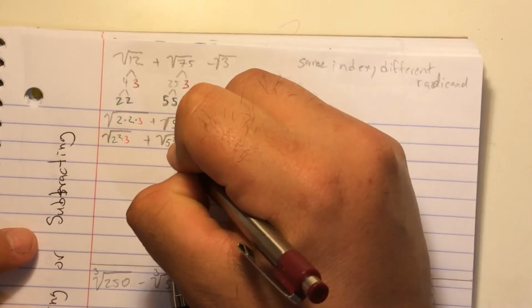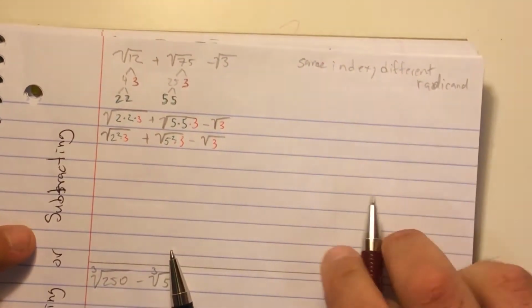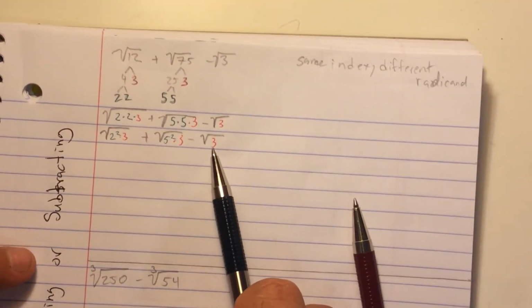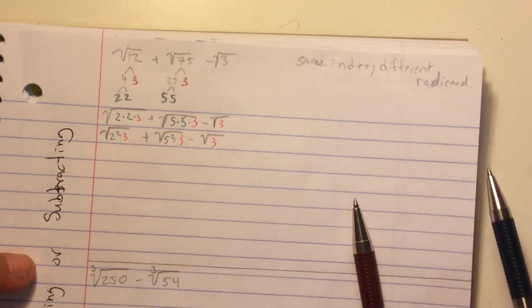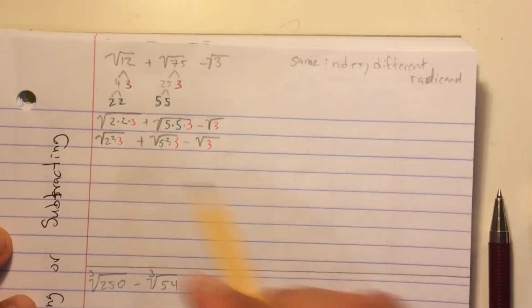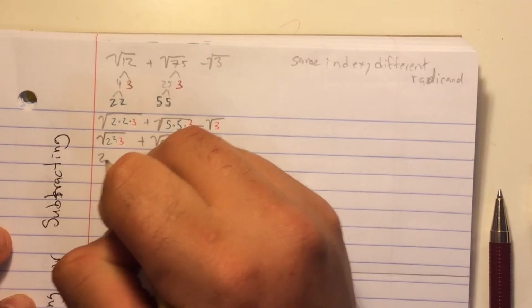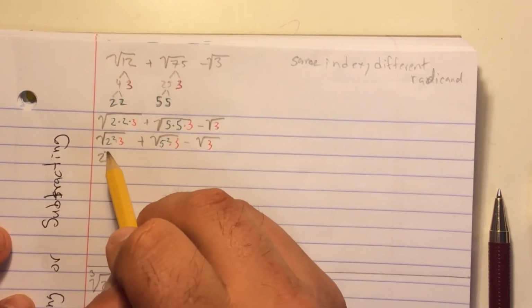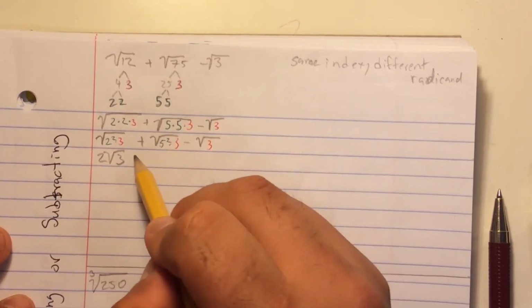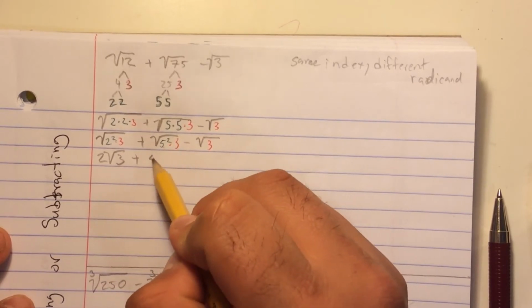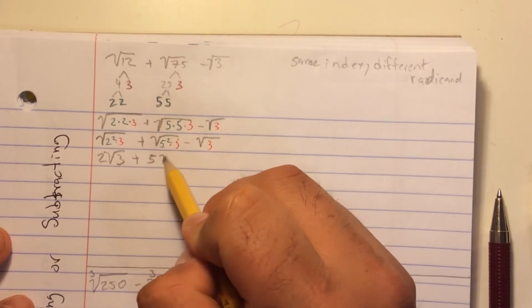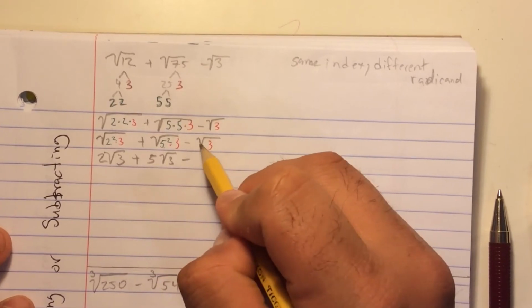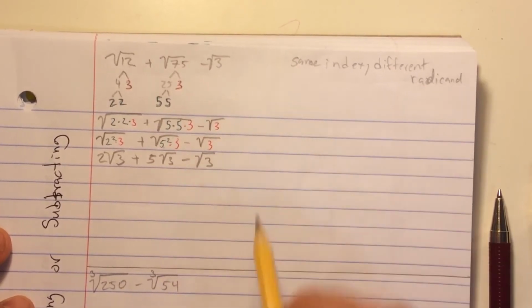So we have our 3s that are going to stay inside the radicands, and the 2 squared is going to come out as 2. Square root 3 because it's still left over, plus 5 square root 3 minus square root 3.